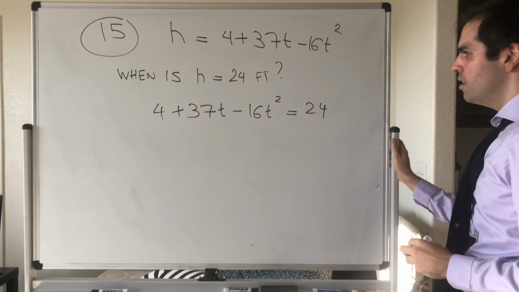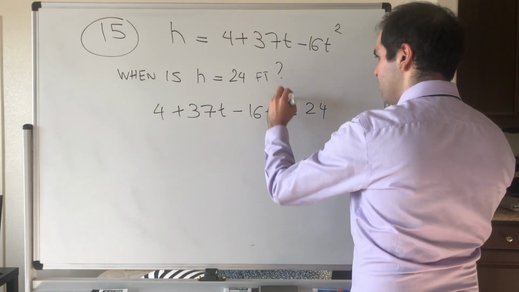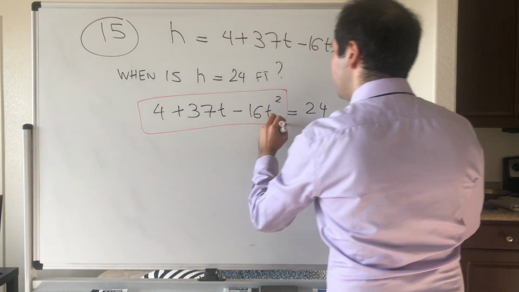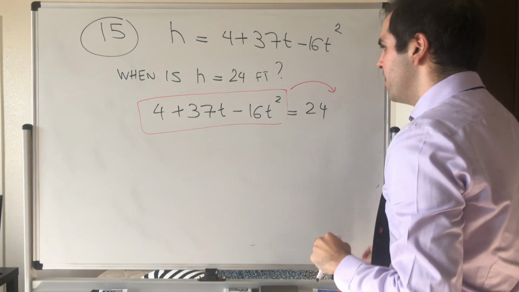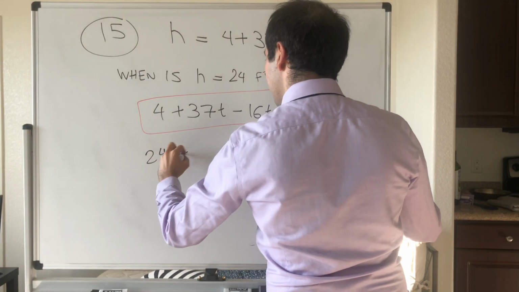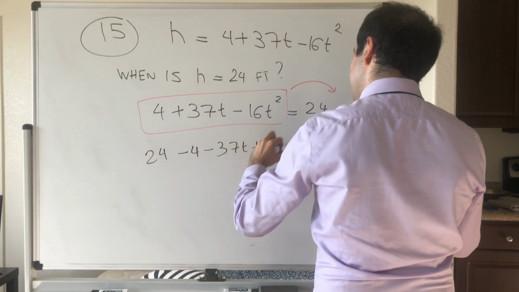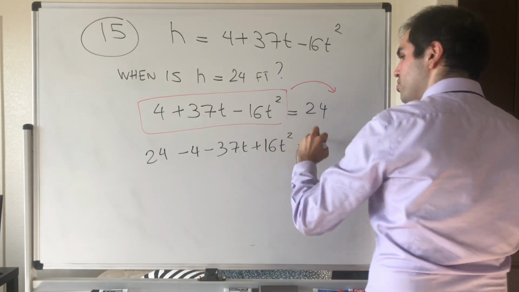If you want, let's put everything on the right-hand side, just to make the t squared term positive. Then what you get is 24 minus 4 minus 37t plus 16t squared equals 0.